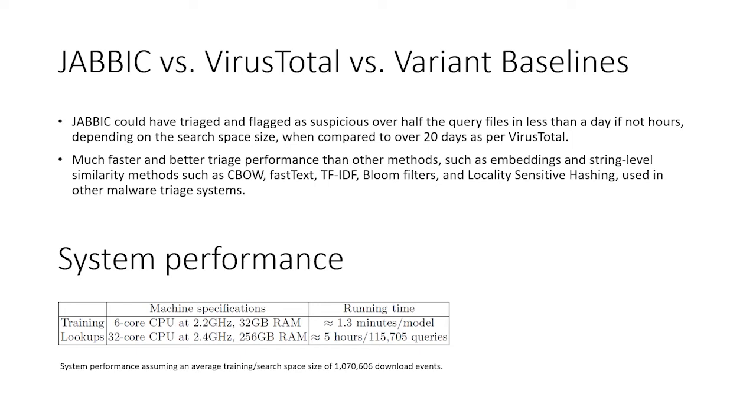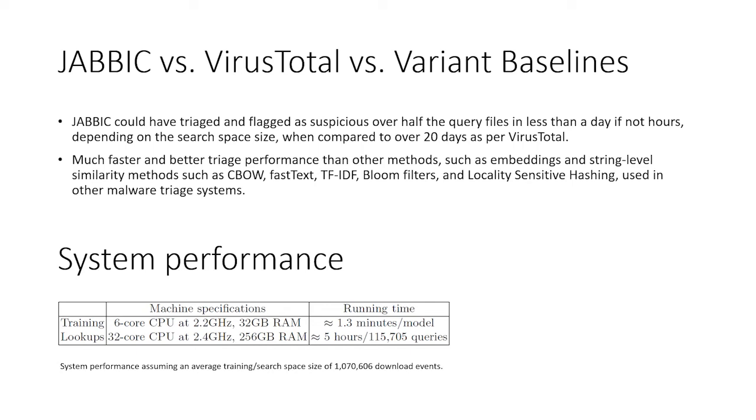We also compared the performance of Jabbic with the skipgram, SIBO, FastText, TF-IDF, Bloom filters, and locality sensitive hashing, which are commonly used in malware detection systems based on string level similarity of opcodes, network packets, download payloads, application programming interface method calls, instruction sequences, and binary strings.